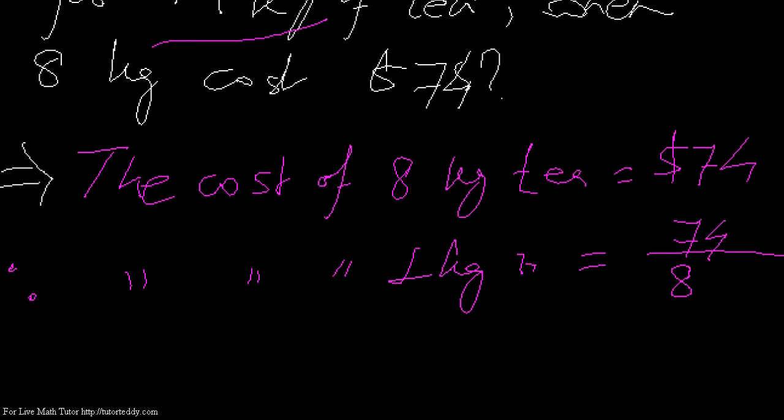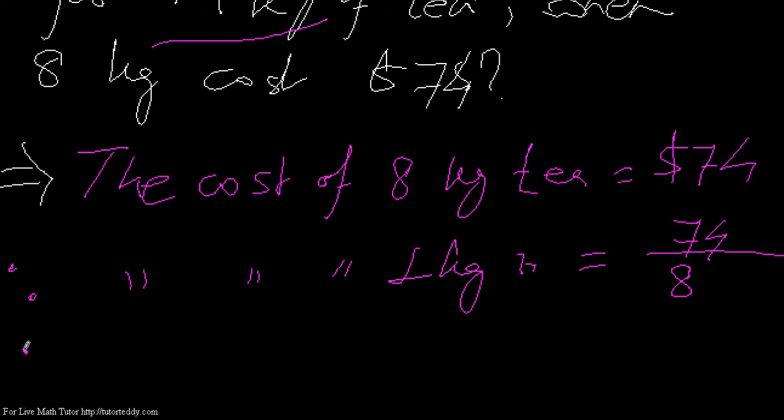And how much is that? So you get it that this 74 by 8 is an amount, right? Take it as a whole, 74 by 8. And now forget about the first line, concentrate on the second line, that I have found out that the cost of 1 kg tea is 74 by 8. I know this line, okay?